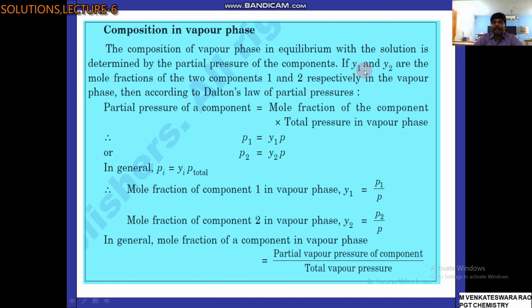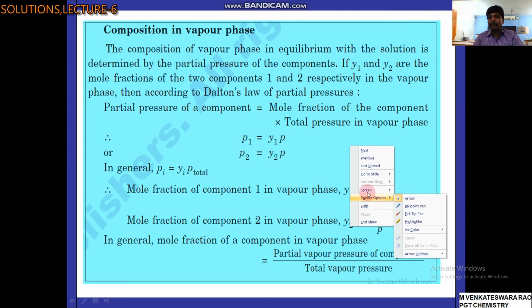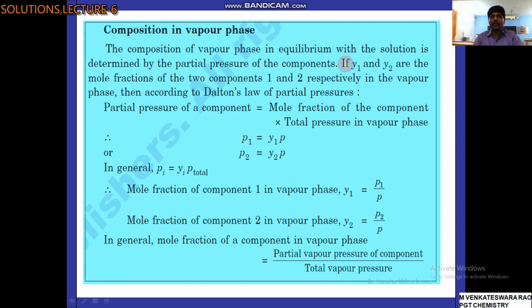If Y1 and Y2 are the mole fractions of the two components 1 and 2 in the vapor phase, that is important here, then P1 is equal to Y1 into P, and P2 is equal to Y2 into P. So in general, for component i, the partial pressure Pi is equal to Yi into total pressure.